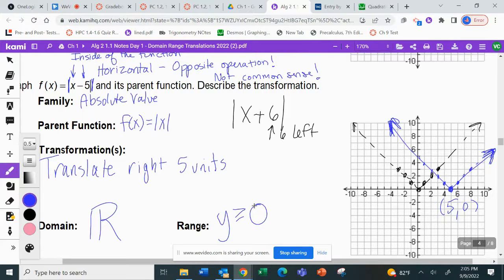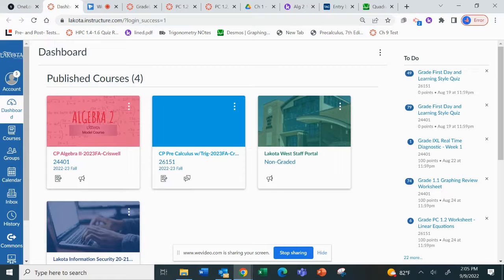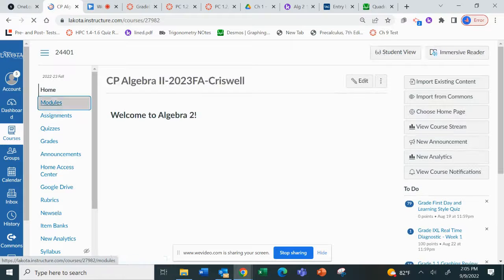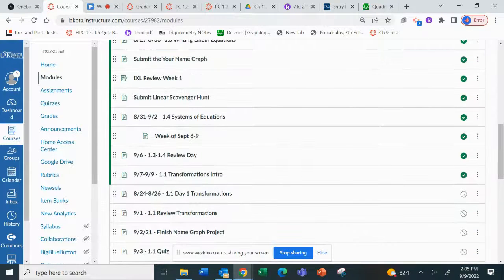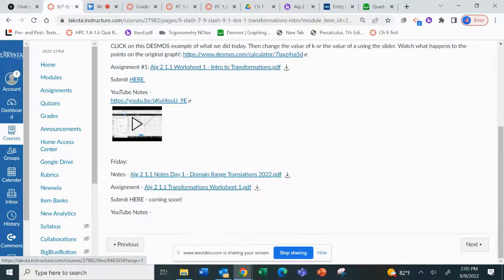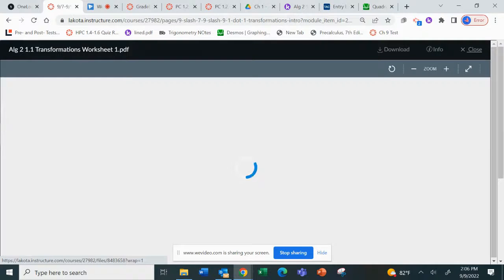Just because we have an extra couple seconds, I just want to open up our assignment and show you what you could do. If you didn't get that last thing because I went really fast, I can put it back up after I go over this. There is a worksheet at the very bottom of today's module, but it won't be due till Tuesday, because we didn't go over all the transformations.